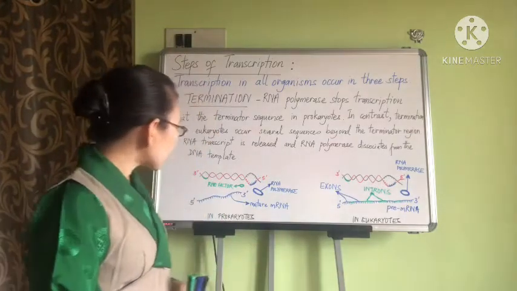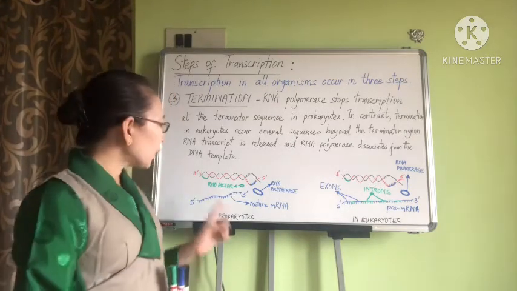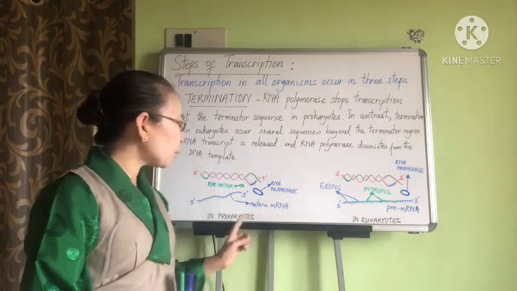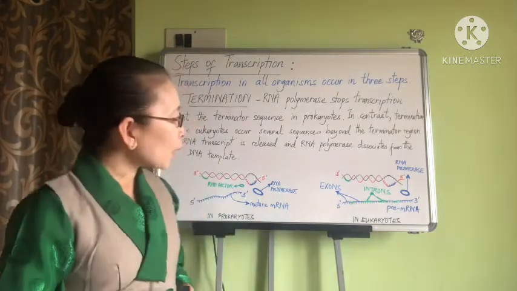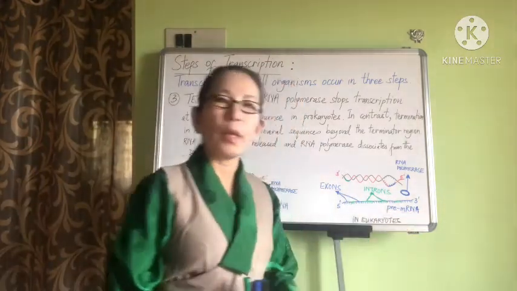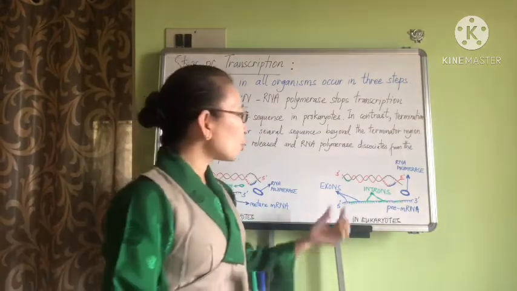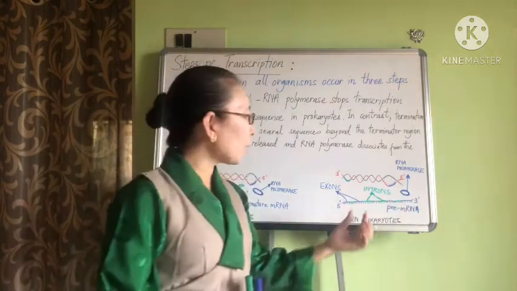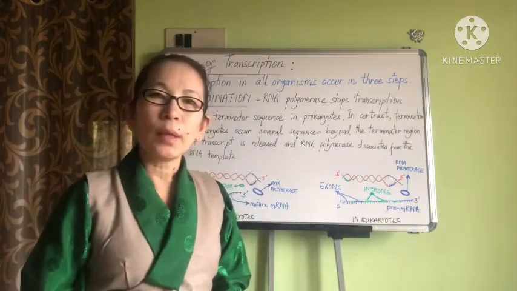The RNA transcript produced in prokaryotes is a mature mRNA containing continuous coding sequences. For this reason, it is ready for translation right away. The primary transcript in eukaryotes is called a pre-mRNA because it consists of stretches of coding sequences called exons interrupted by stretches of non-coding sequences called introns.